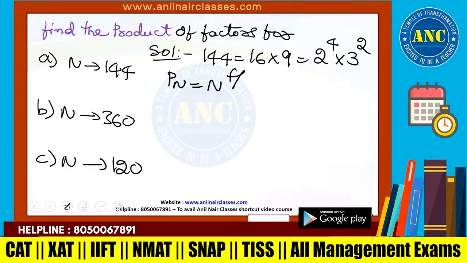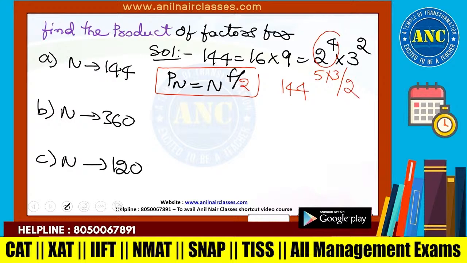The number of factors is 5 into 3, so the answer is 144 power 15 by 2. Alright? First one is clear. Try to solve the second and third.